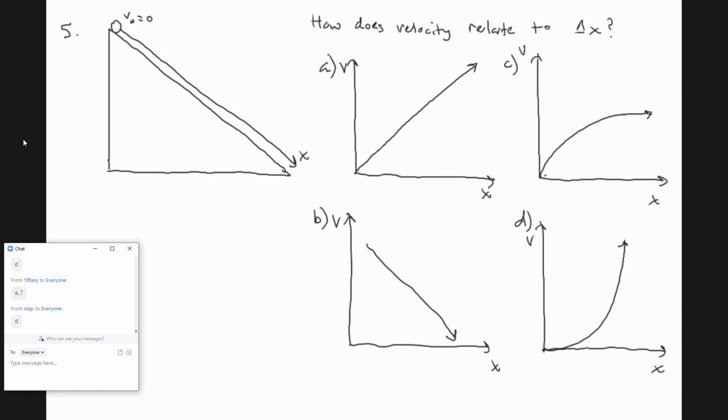So I like this question. Wide variety of answers. We had D, A, B, D, D. All right.